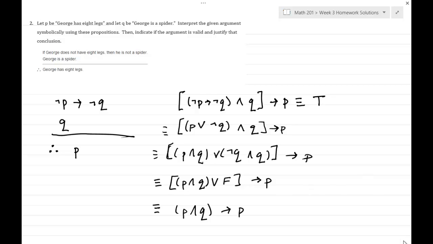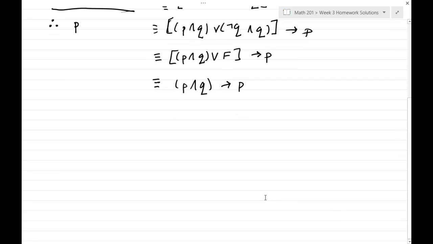Using the negation of the hypothesis or conclusion logical equivalence, I can rewrite this implication. And I like that because I know then I'll get a negation of P and an OR, and I'll be able to move these around in any order that I want.